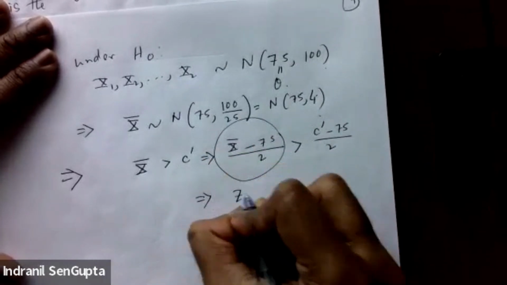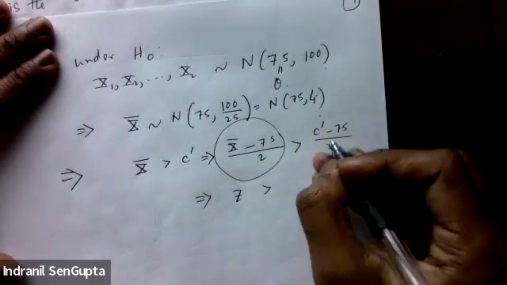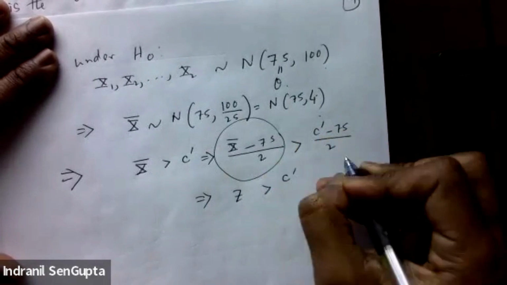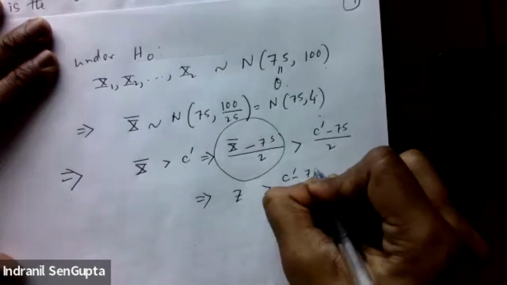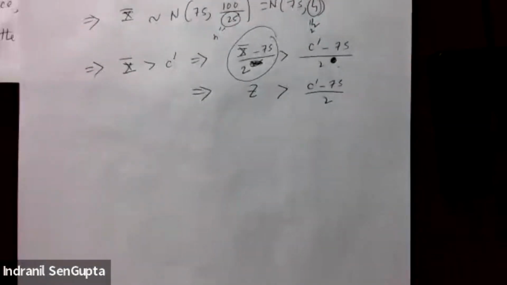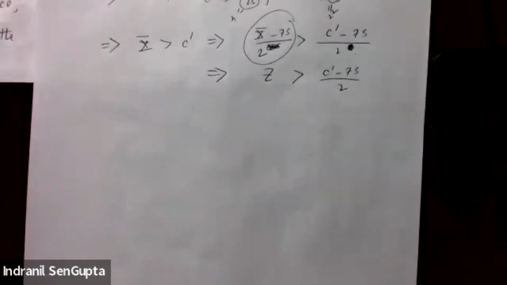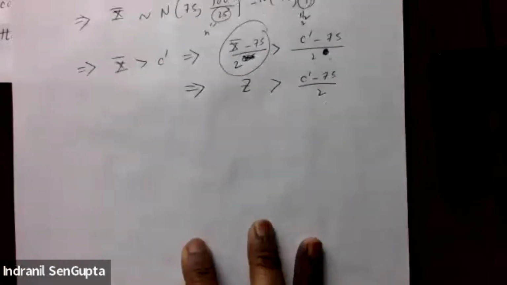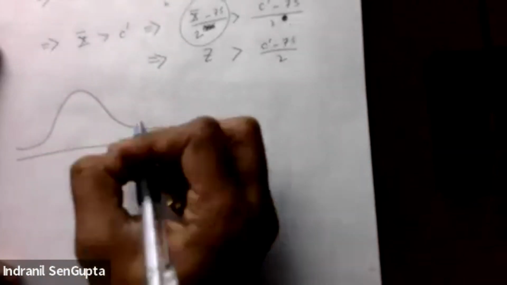So that means z is bigger than c prime minus 75 over 2. Now let me just remind you of one small fact from what you must have studied in the previous courses. I think all of you know this, but still I think it's my responsibility to let you know.